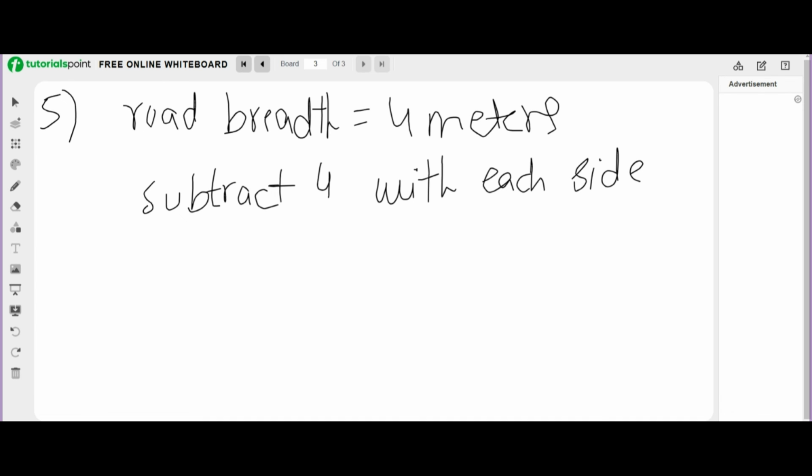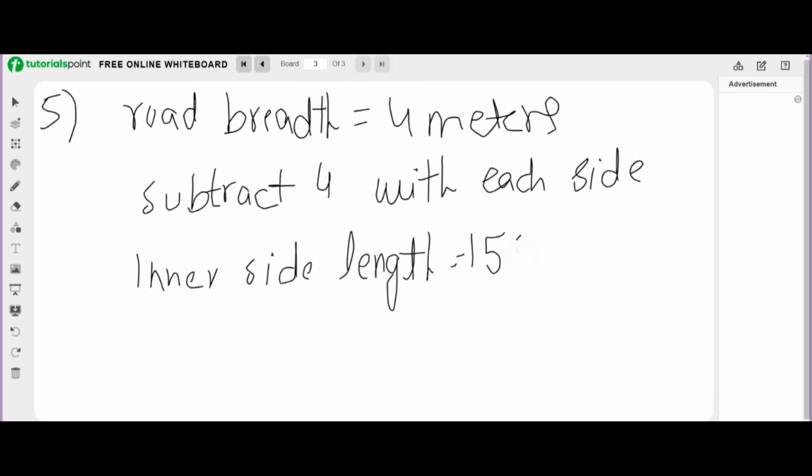Inner side length will be 158 minus 4 minus 4, like this, Aryan. And then you will have 150 meters. Now calculate the area of the outer.